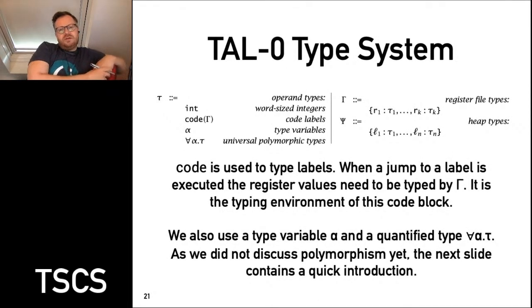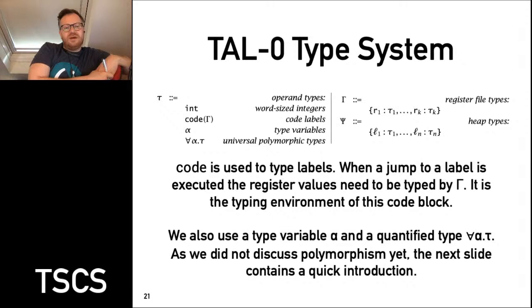For this we need to define a type system, and this is the type system that we want to define for that. The basic building blocks that we need here are things like type operands, and we use this tau to denote them. And operand types are things like word size integers, so the int type, code labels, and as you can see, code labels come with their own gamma, and gamma is defined a little bit differently here.